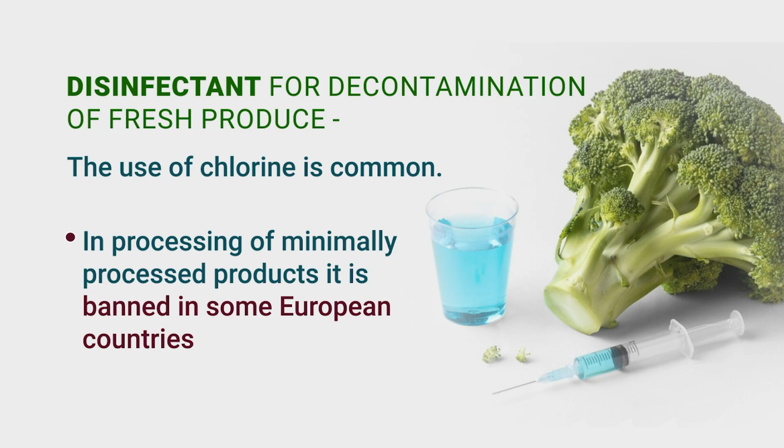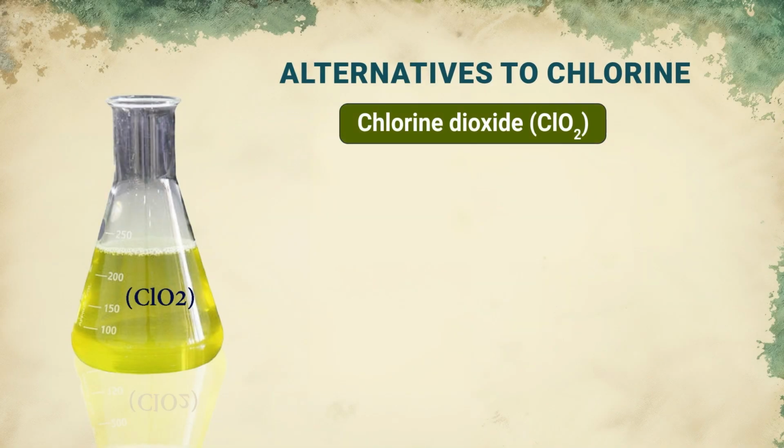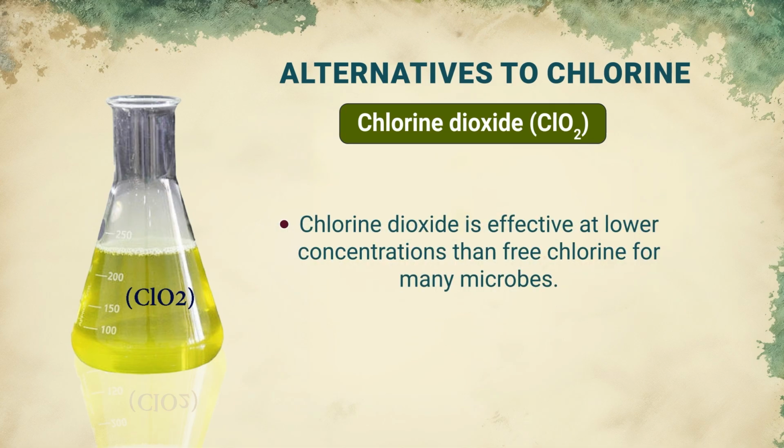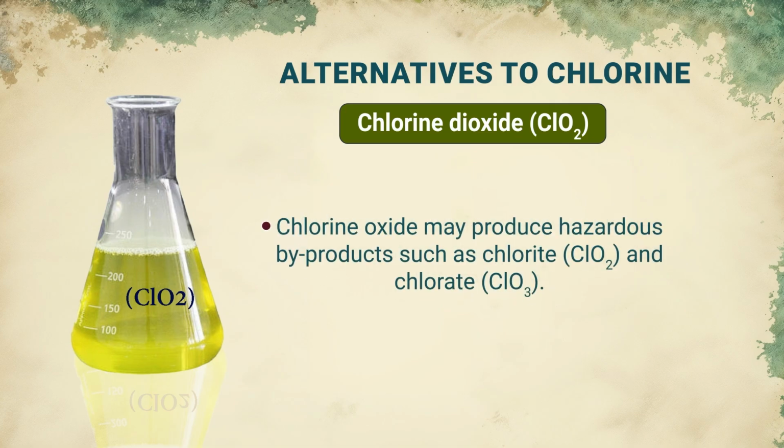Some of the countries have banned it. People are looking for alternatives to chlorine, like chlorine dioxide, which is FDA approved and permitted for US purposes. It's a water soluble yellowish green gas, and when it is there, it may produce some hazardous byproducts such as chlorite and chlorate. So that needs to be looked into.